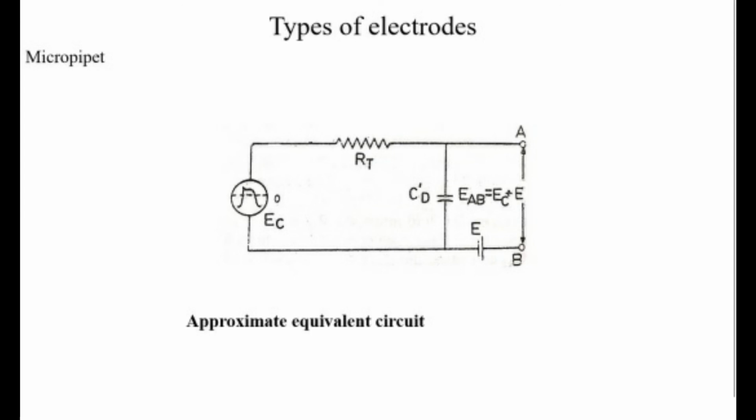The impedance of the electrode places a limit on the response time of the circuit such that it behaves as a low pass filter when the input impedance of the amplifier is not high enough.